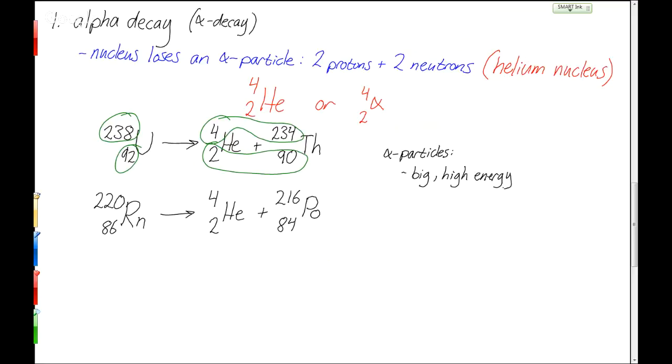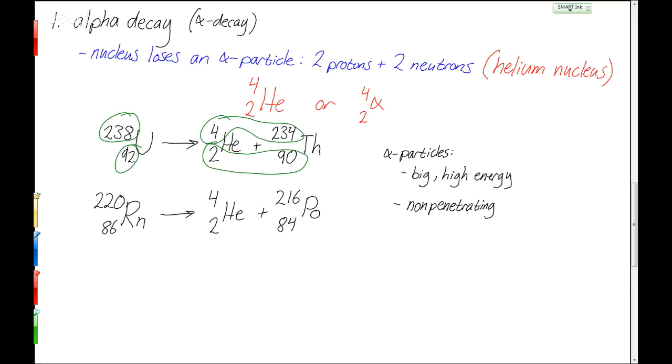But also, because they're so big, they are what we call non-penetrating, or very lightly penetrating. They can't get very far. Because they're so big, they end up hitting some other molecules and not making it very far away from that.